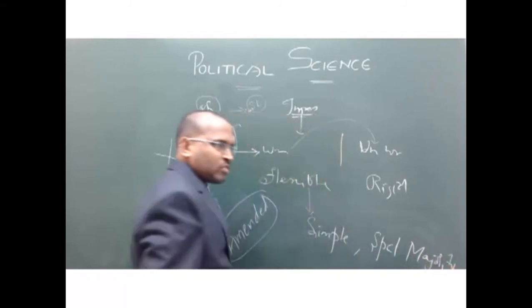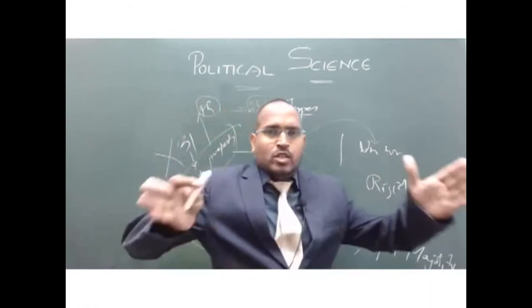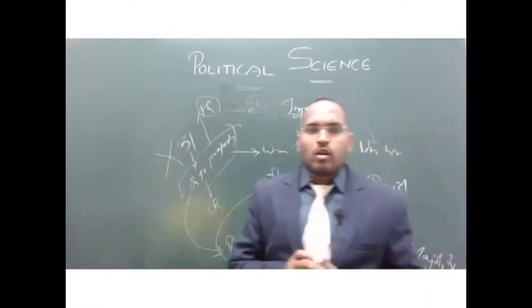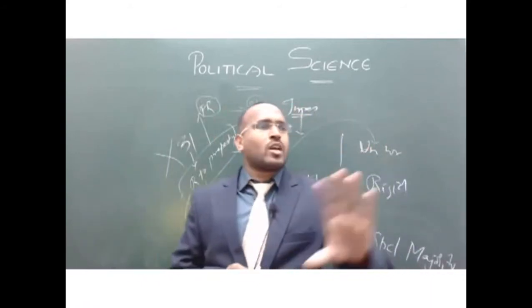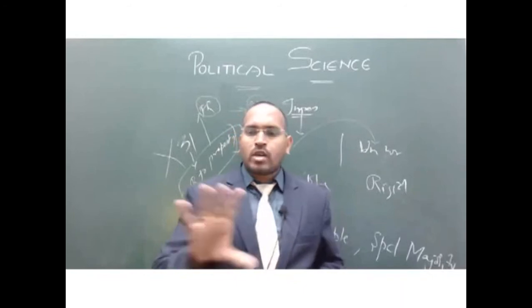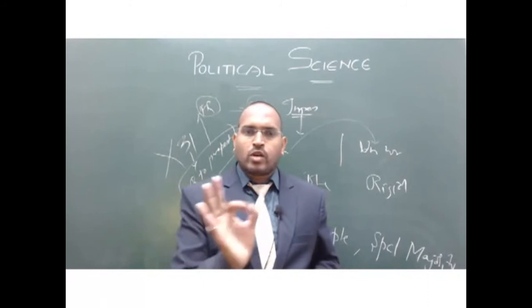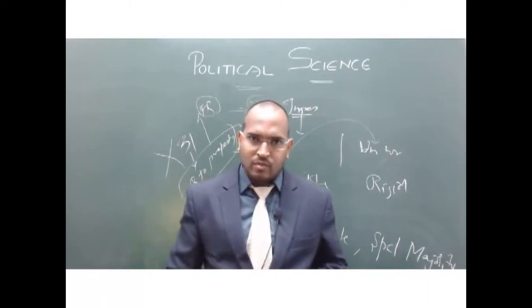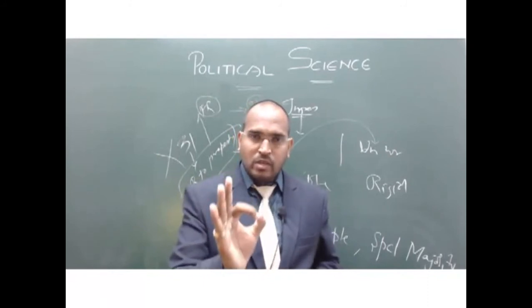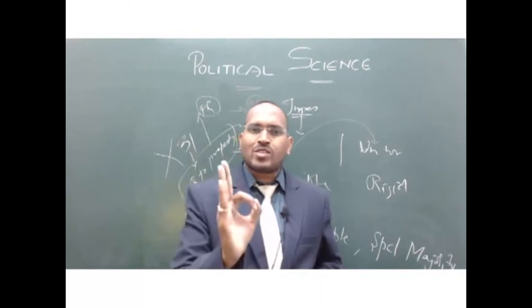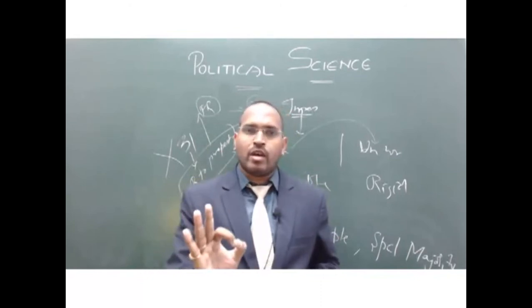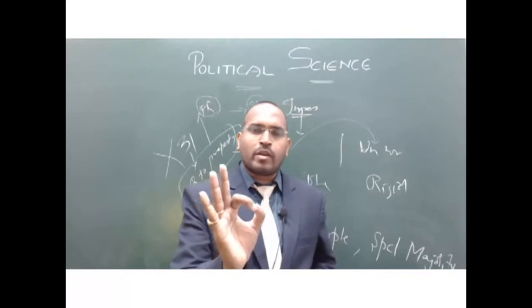Simple majority means, for example, in a class 100 students are there. 51 students voted yes, 49 students voted no. One student is extra for yes. That is the simple majority. One student is enough. In the same way, one legislative member is enough.